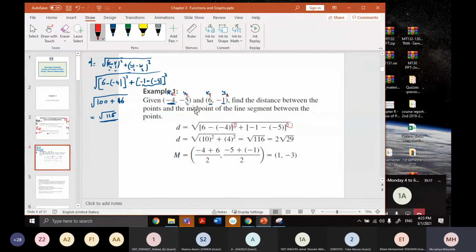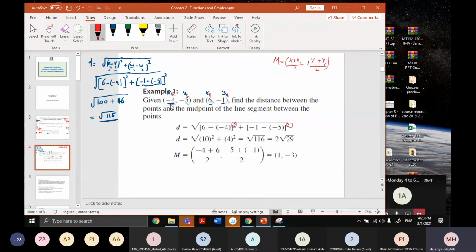Is it clear? Okay, now also we want the midpoint between these 2 points, the value of the point in the middle between them. How do we get it? We use the formula. The formula says for the midpoint I want its x coordinate and its y coordinate. The x coordinate value is x1 plus x2 over 2 and the y value is y1 plus y2 over 2.